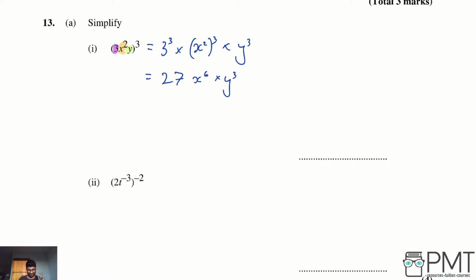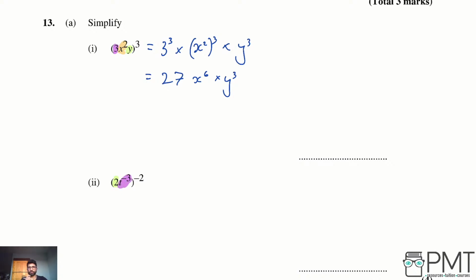Okay, let's do it here as well. Let me know what you get. I am going to approach it in the same way. Remember, you have got 2 there. There's a 2. There is a t to the minus 3.